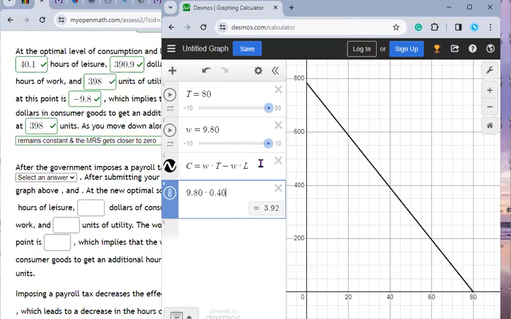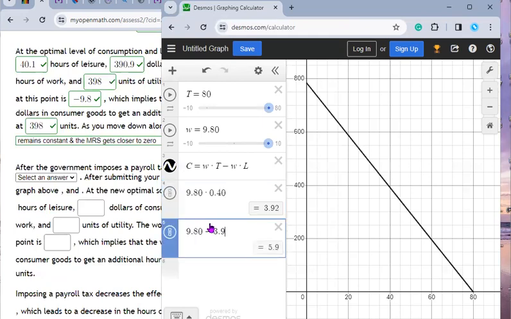Now I got to subtract that $3.92 from the 9.80. So 9.8 minus the amount of tax leaves the person with $5.88 per hour. So this would be the net wage, the wage net of taxes, right?